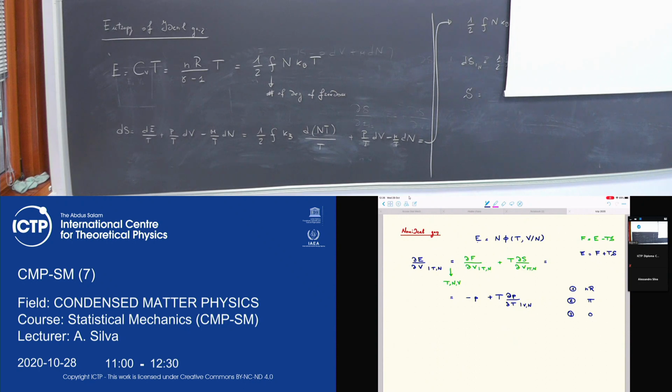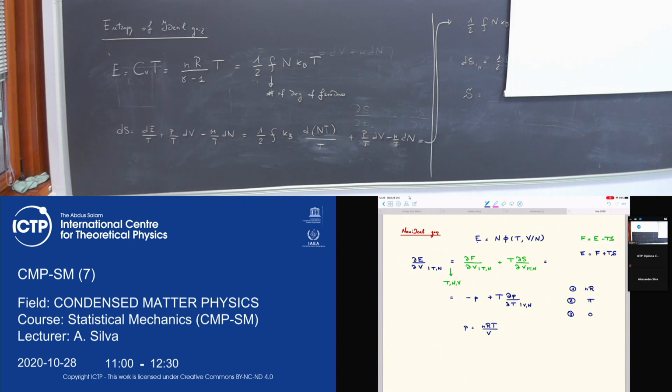Using the Maxwell relations. And now the question is, what is this if I take an ideal gas? The ideal gas is P times V equal to N times R times T. So P is equal to NRT divided by V. You see that if I take a derivative with respect to T and multiply by T, I didn't do anything.